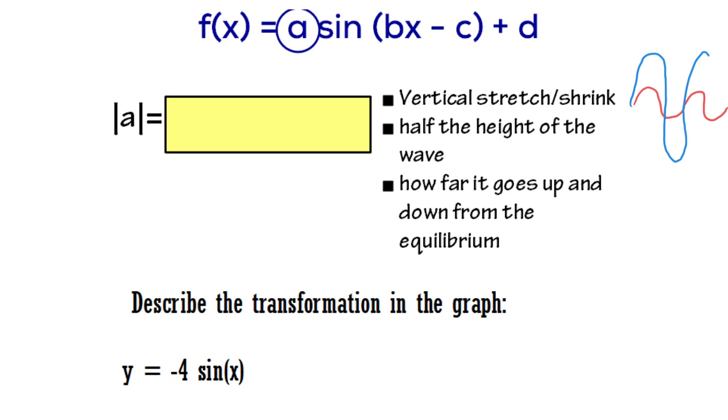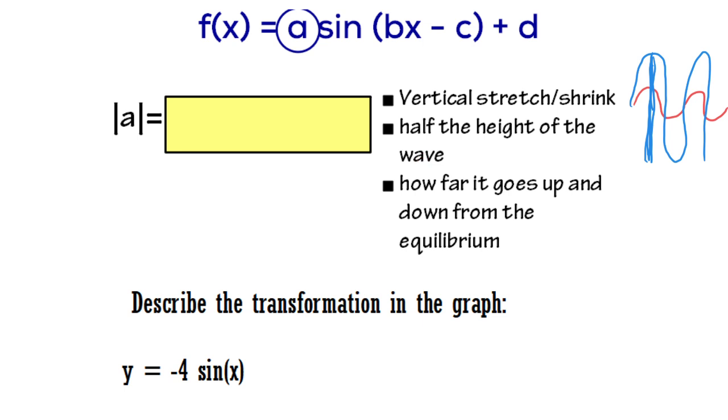Well, what ends up happening here is the total height of that wave would be 6 if I had made an a value. But because it stretches up 3 and it stretches down 3, then that a value is always half the height of your wave. So keep that in mind for later on.